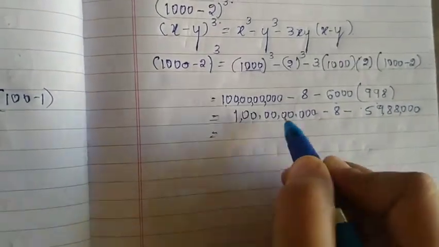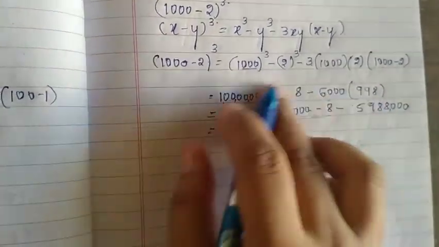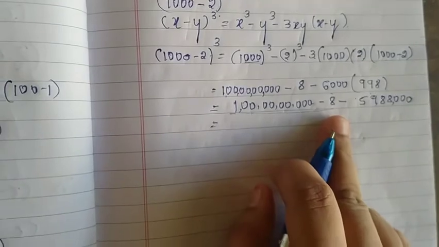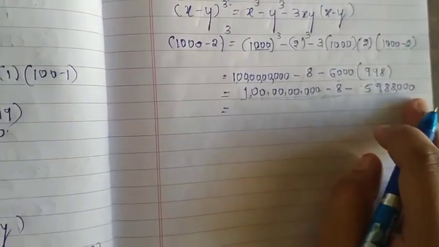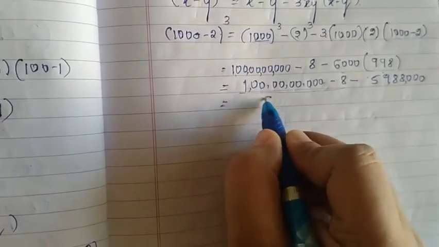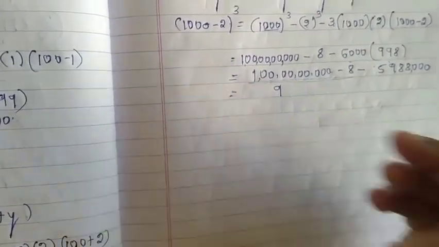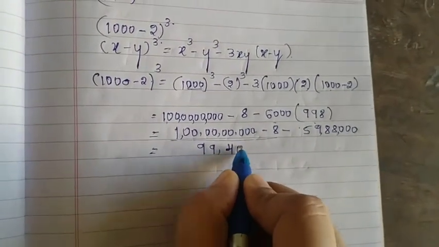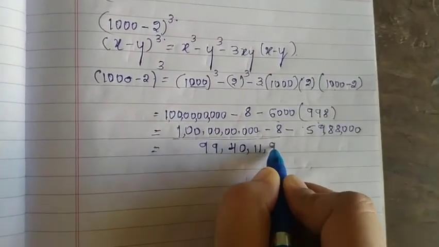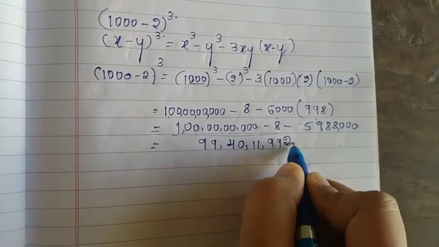Okay, so just do one thing. From 100 crore, just subtract this 8. After doing this, just subtract this 59,88,000. You're going to get finally 99 crore 40 lakh 11,992.